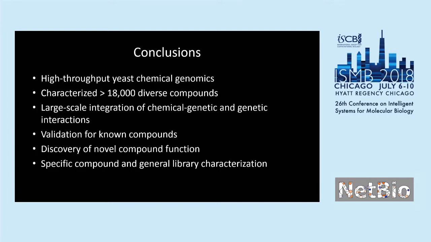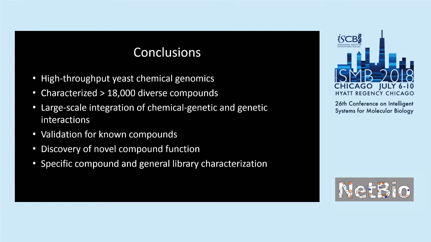And to wrap up, I hope that I've convinced you that we've developed this really high throughput chemical genomics system that characterizes a lot of compounds and that we can integrate chemical genetic and genetic interactions on a large scale to make predictions of compound mode of action. We validated known compounds and are also expanding very much our efforts for discovering novel compounds and validating their modes of action.